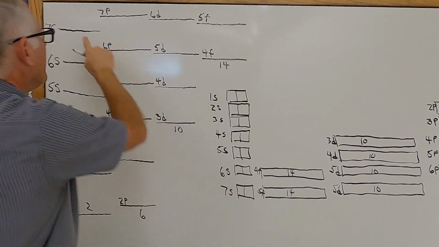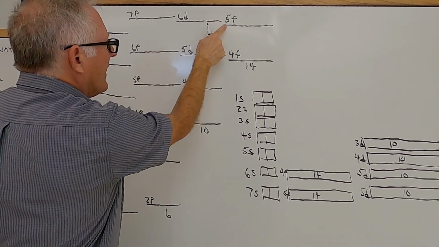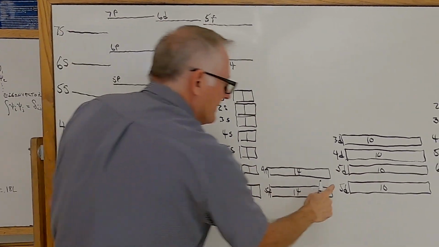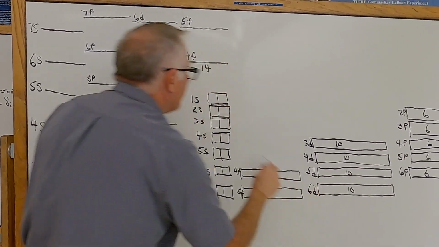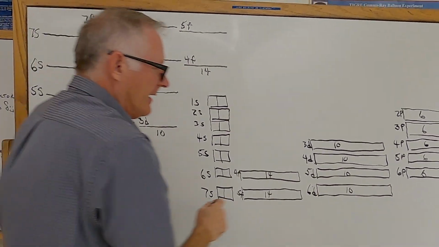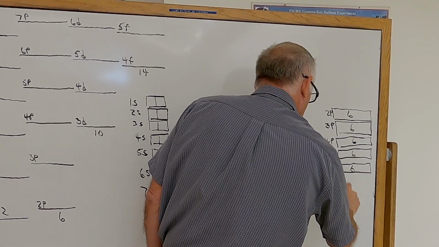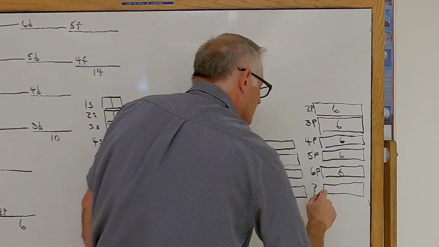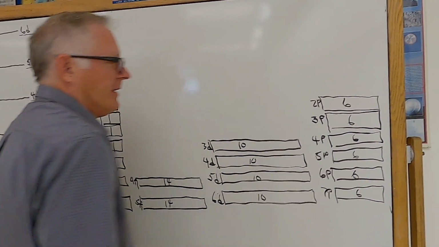We're way up here: 7s, 5f, 6d. That's 6d. Then 7p, and there's 6 of them right there.